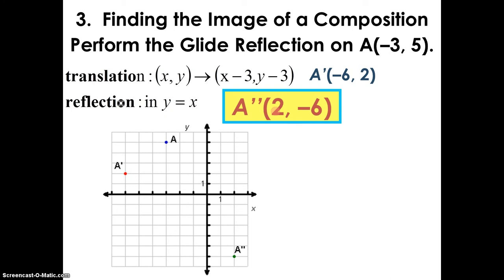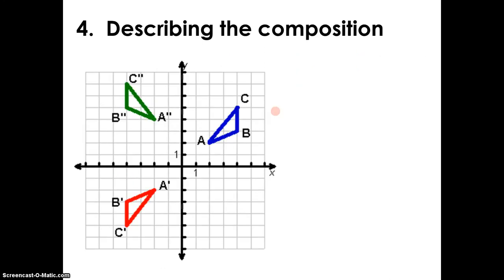All right, the last example we're going to look at, this time we're given all the transformations already done. Now we have to describe them. You should know the order by the way that the points are labeled. We know that we started with triangle ABC that doesn't have any primes on it.